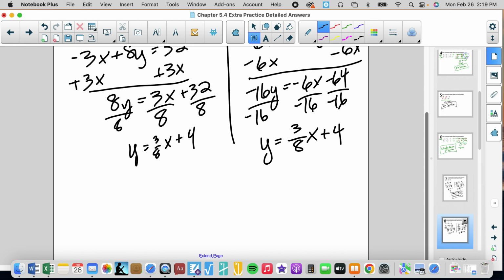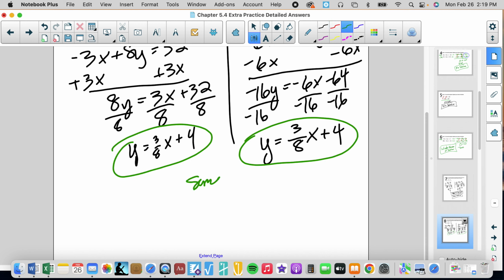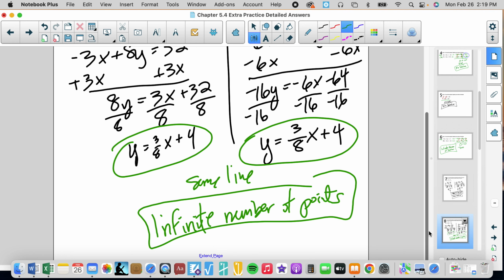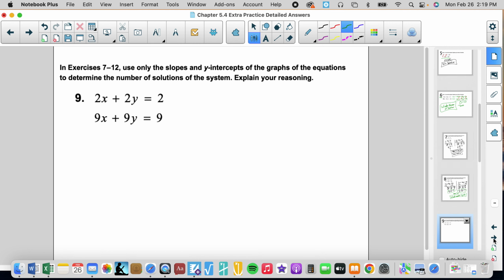And what do we notice? They're the same line. So the answer is infinite number of points of intersection, right? How many solutions? There's an infinite number of solutions.